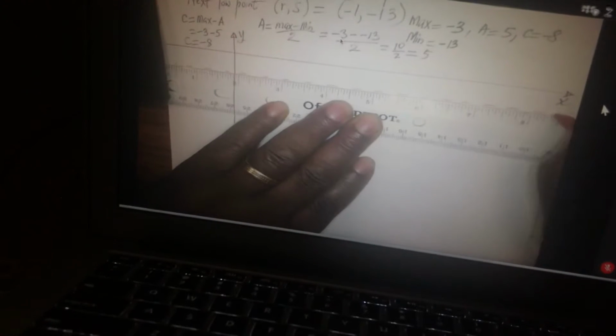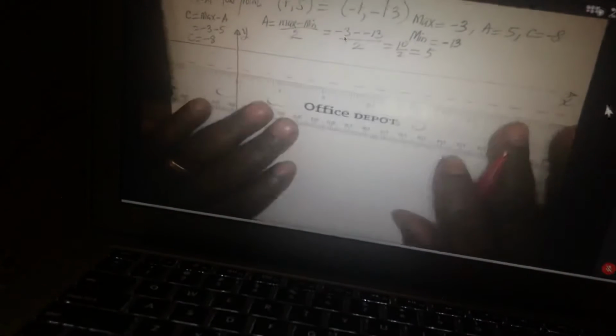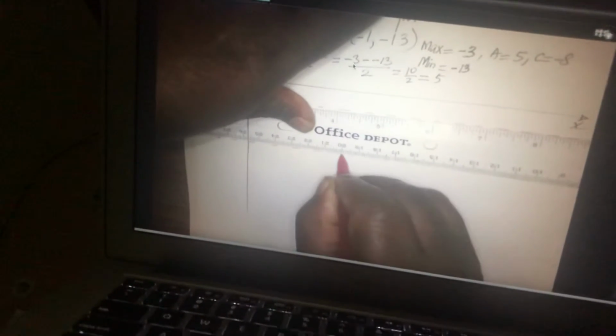I can also make an indentation where the C value is going to be. I can also tell the graph to indicate where my lowest is going to be.